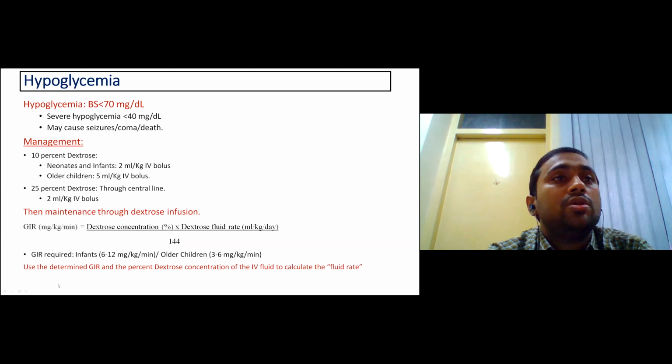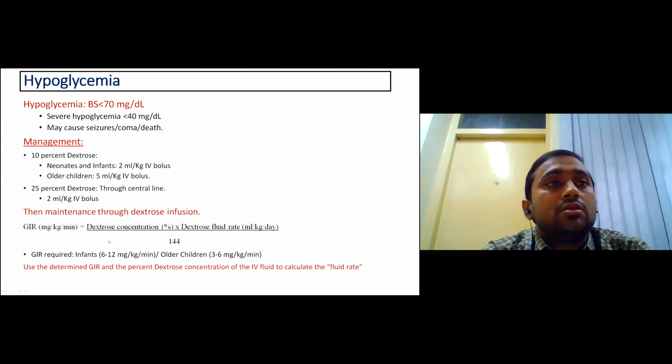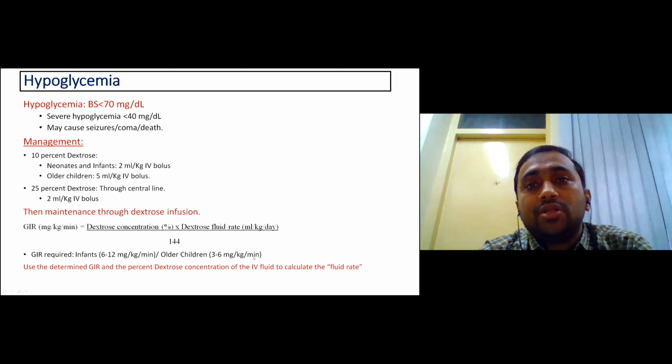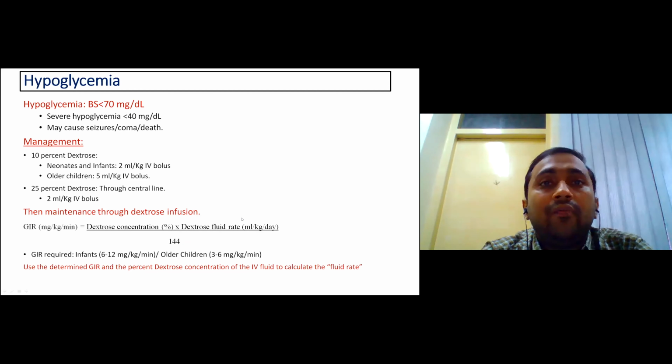After giving the bolus, we have to give the maintenance. This is the formula of GIR calculation. In this, we must know the GIR required. In infants, GIR is 6 to 12 mg per kg per minute, and in older children it's less, like 3 to 6 mg per kg per minute. In most conditions, we have to calculate the fluid rate.